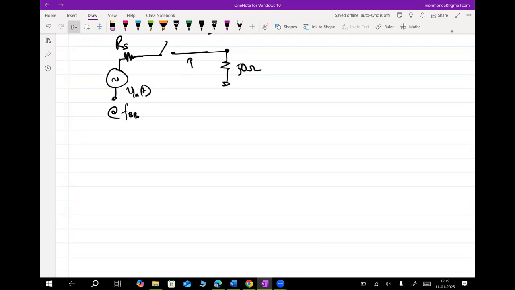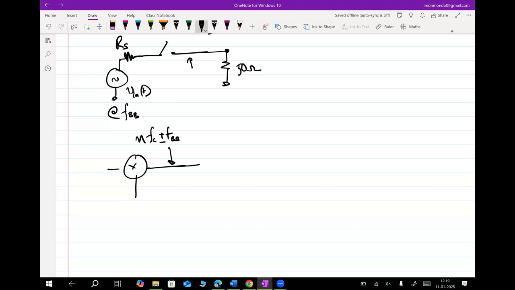So let's say we have this mixer. So this is not a sinusoid per se, but a signal containing FC plus minus FBB, right? This is a signal which contains this.